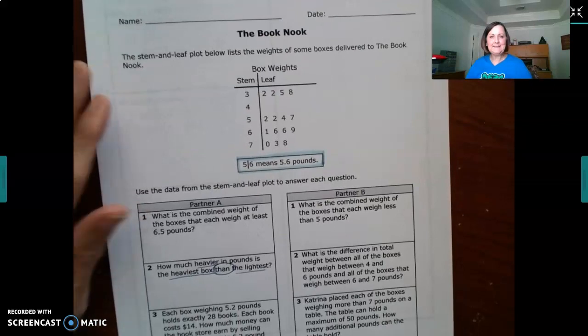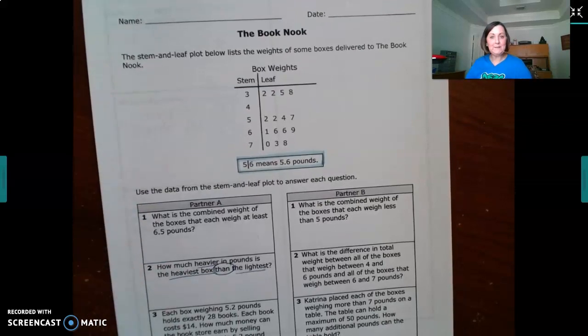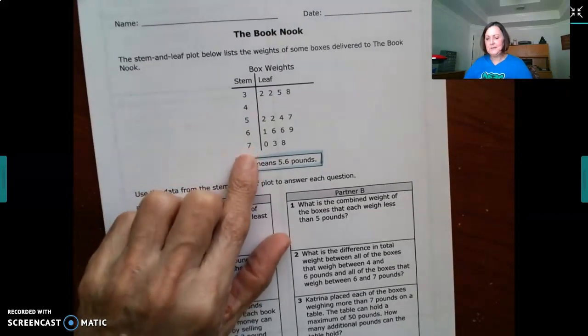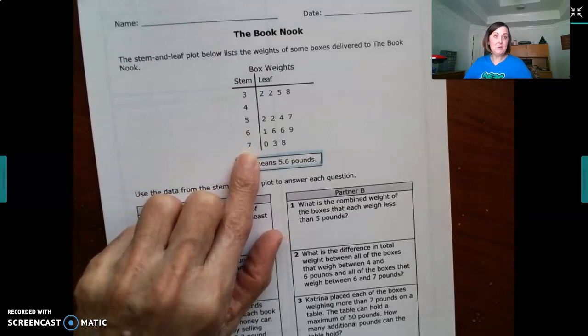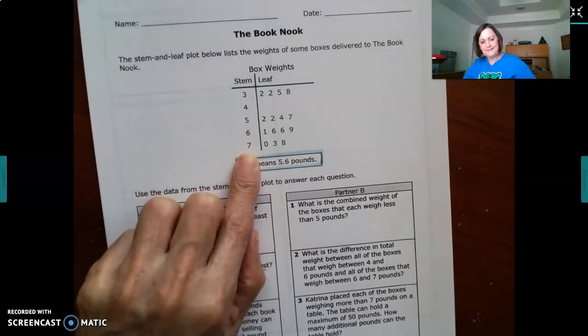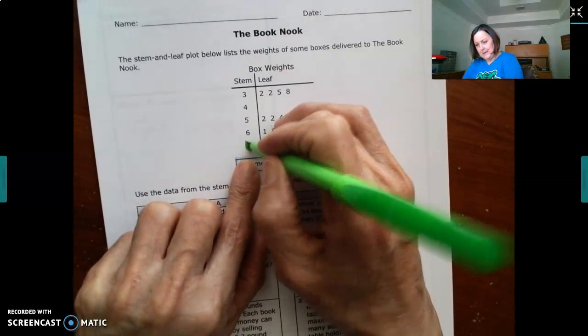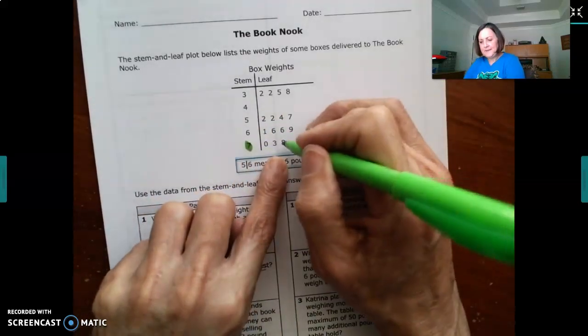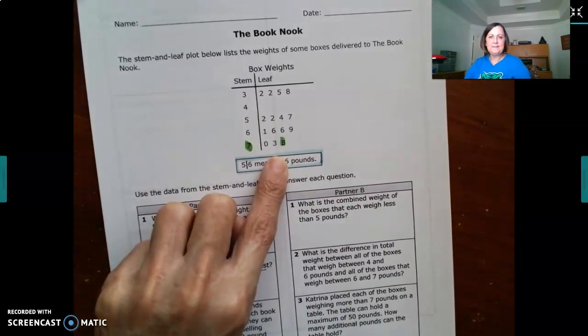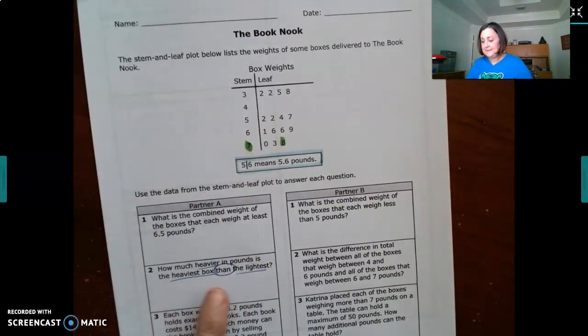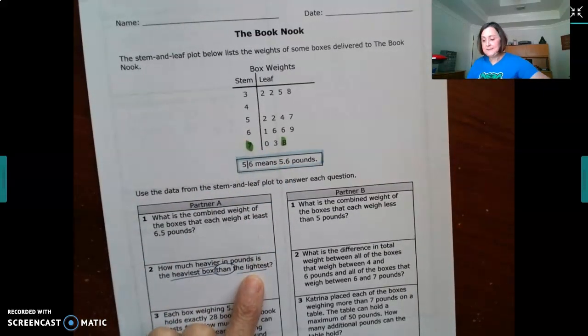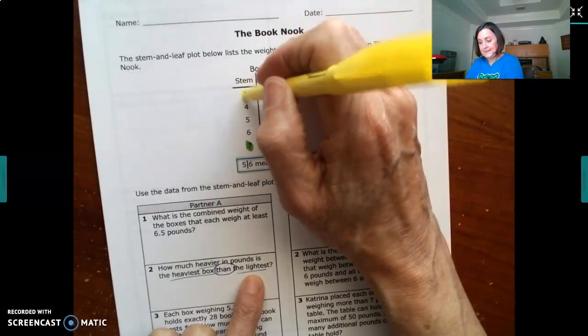Now let's go and look at what is our heaviest box. So I'm going to go to the stem that is the greatest, which is the 7. And I'm going to find the leaf that is the greatest, which is 8. And then I'm going to find the stem that is the least or the lightest.